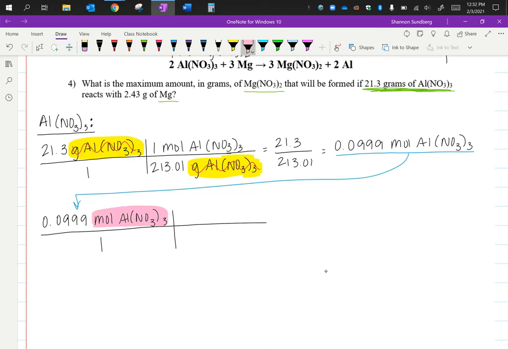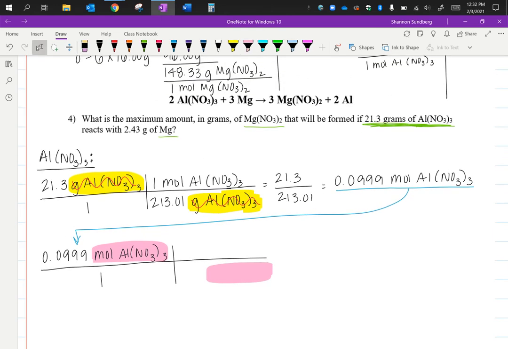Well, where do you get this information? This is where I need to rely on my balanced chemical reaction. I'm being asked about this substance, and I need to convert to this substance. So the mole to mole ratio comes from there, and it's that big number in front called a coefficient. So it says that there are 2 moles. I know it's not written there, but in your head you should say that 2 moles Al(NO3)3 is going to yield 3 moles Mg(NO3)2.